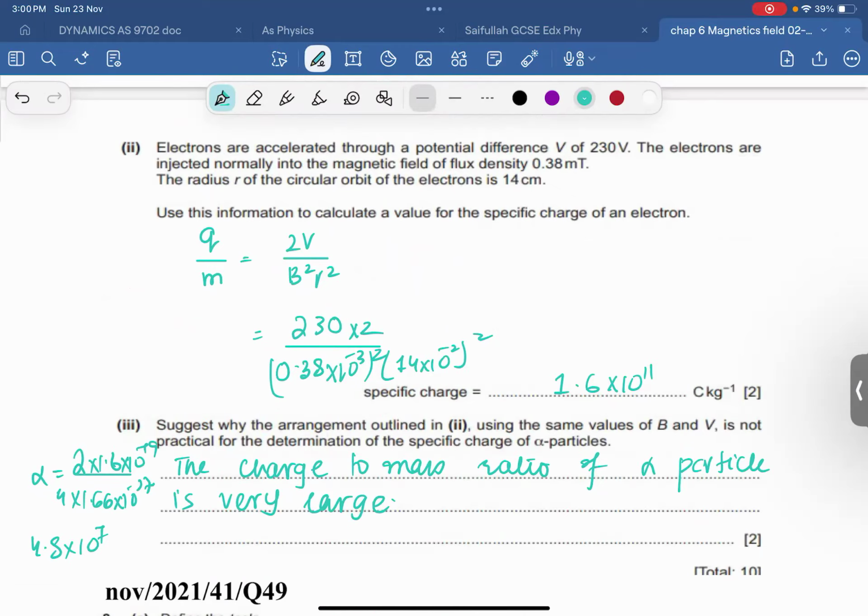And the charge to mass ratio of the alpha particle should be smaller than that, because in the denominator we have a larger value, so it will give me a smaller answer. Okay, got it.